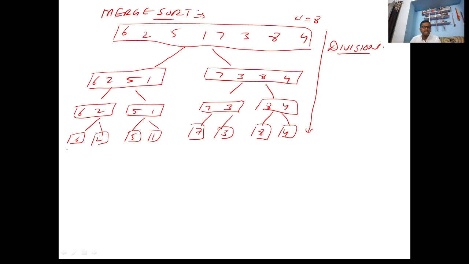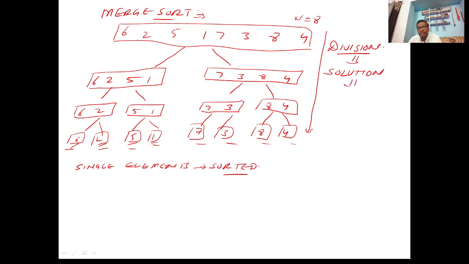The last level contains lists which have single elements, and we already know that single elements are always sorted. It means that at the last level we have lists which are all sorted in nature. So after division, the step we are going to follow is the solution.